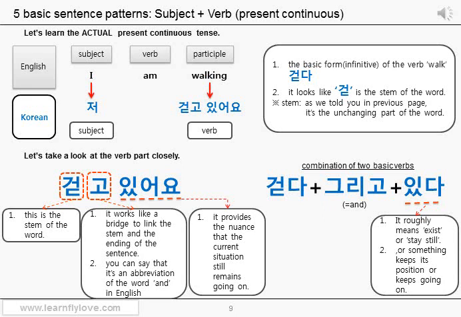And in between, there is the conjunction and, 그리고, which links the two verbs 걷다, which means walk, and 있다, which roughly means current situation remains going on. So, walk and the status of walking keeps going on. That's what makes present continuous. Now you understand better? Let's see more examples in a couple of pages.